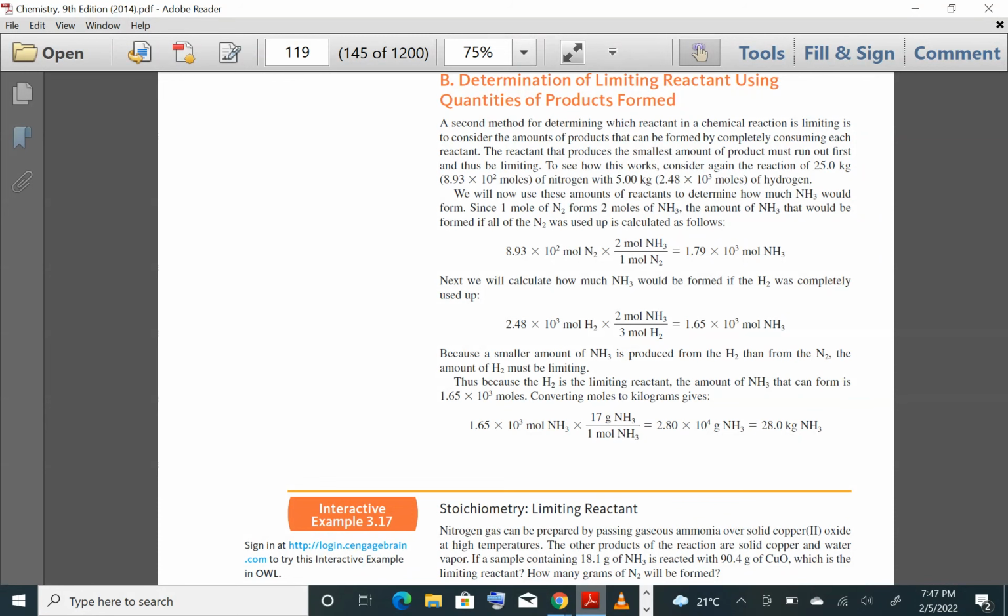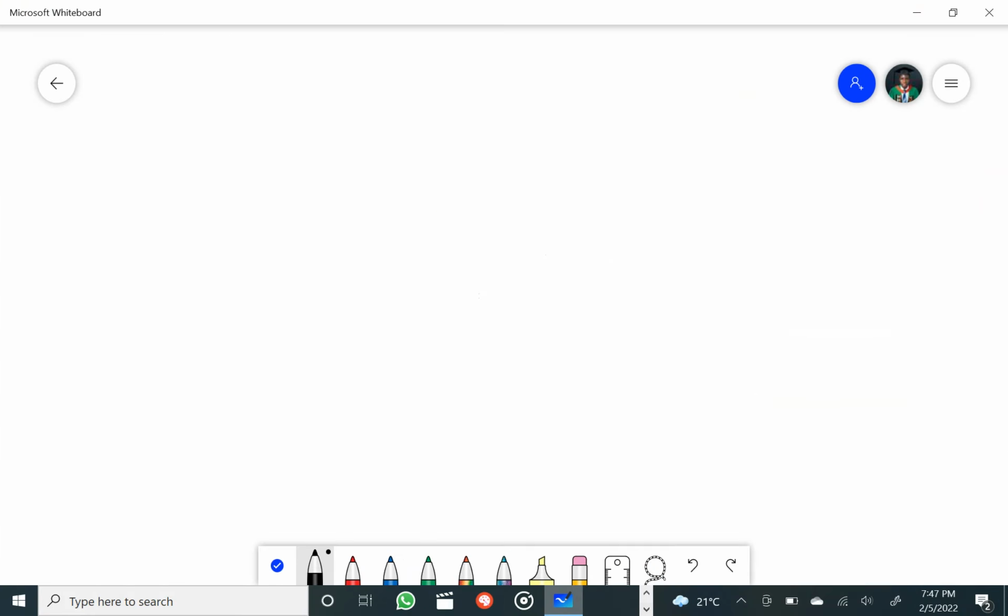So first things first, what do you want to do? You first want to write the equation down and figure out, is this equation balanced? The question was even telling us the states of these substances, so there's no way you can be forgiven for forgetting to put the state symbols.